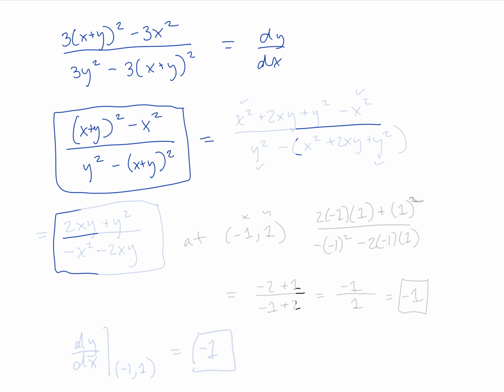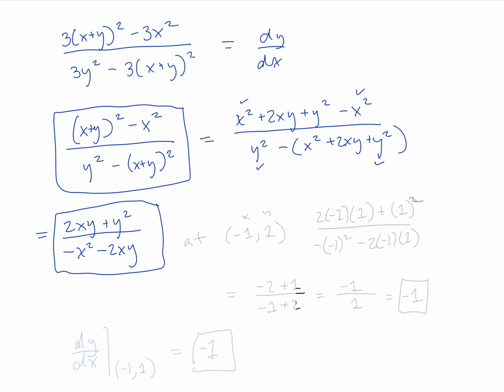You could also multiply out. (x plus y) squared is x squared plus 2xy plus y squared, minus x squared, divided by y squared minus (x squared plus 2xy plus y squared). And some things do cancel out. The x squareds cancel out here, y squareds cancel out there. So we're left with 2xy plus y squared over negative x squared minus 2xy. So we could leave it at that point.